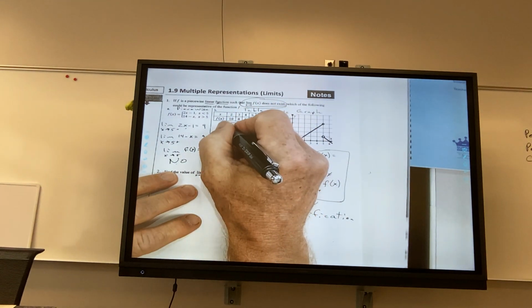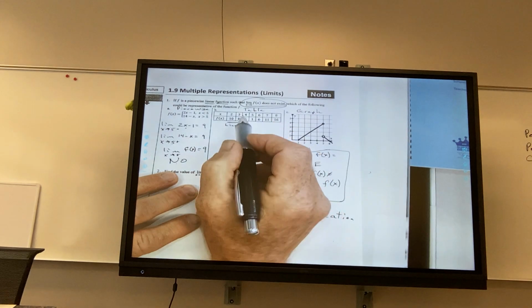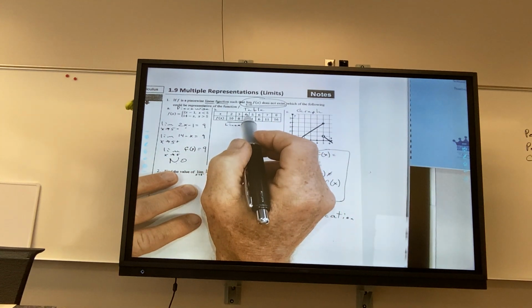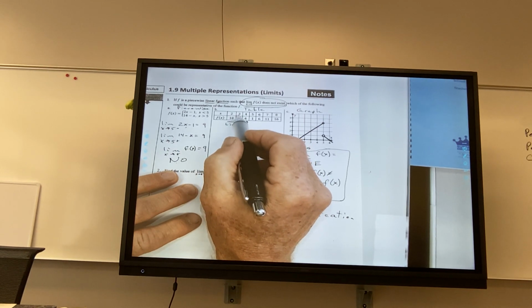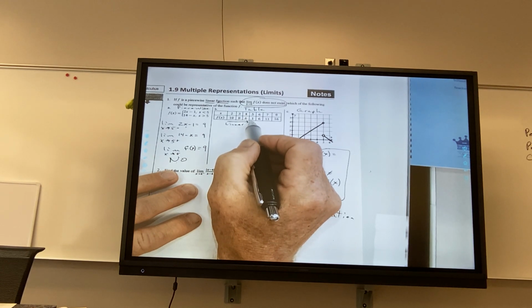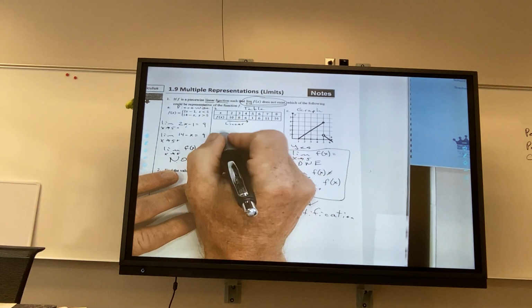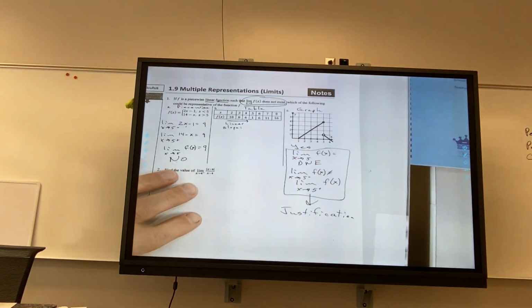Remember, this is linear. So as I'm approaching 5 from the left, my points are (2, 10), (3, 8), (4, 6), (5, 1). That means I have a slope of what?